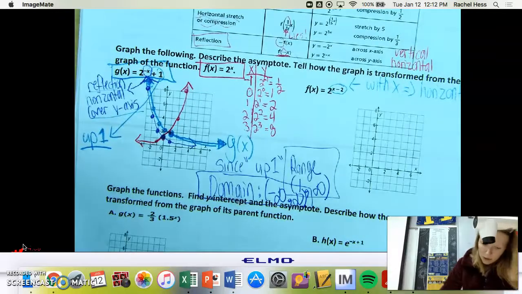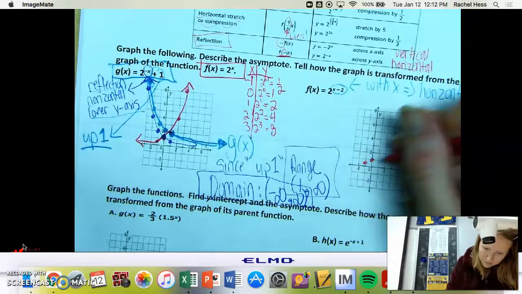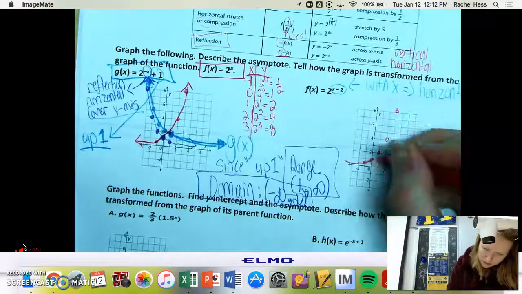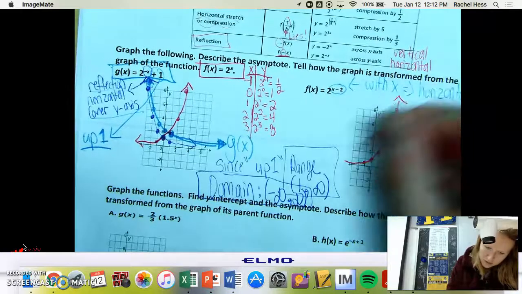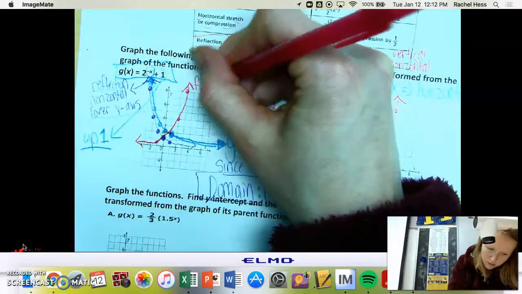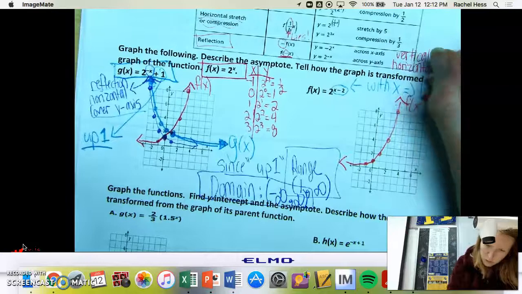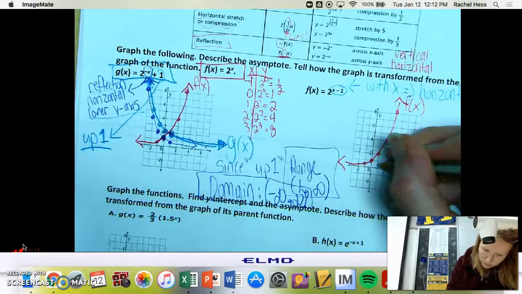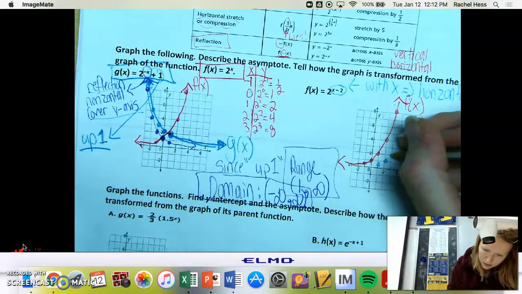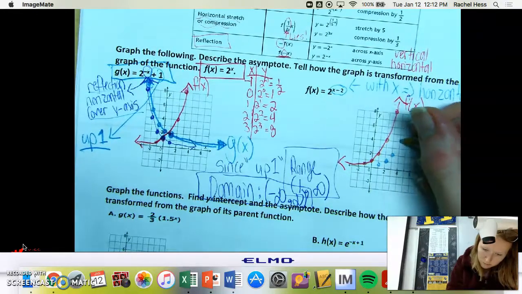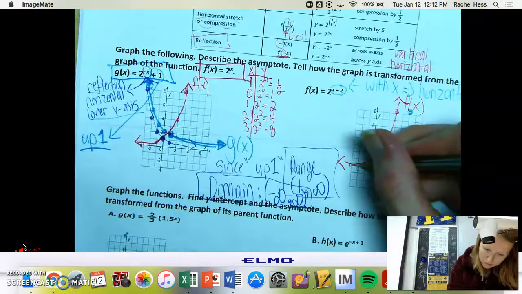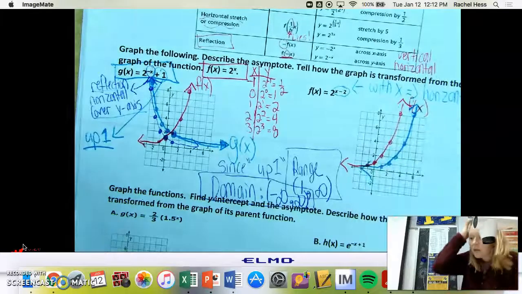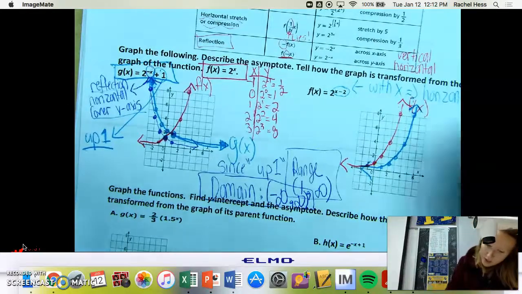So if we graph our parent function in red again, we're going to take this parent function f, and this only has one transformation on it, and we're going to take each coordinate and move it to the right 2 spots. And if you look, we still have an asymptote at 0, right?